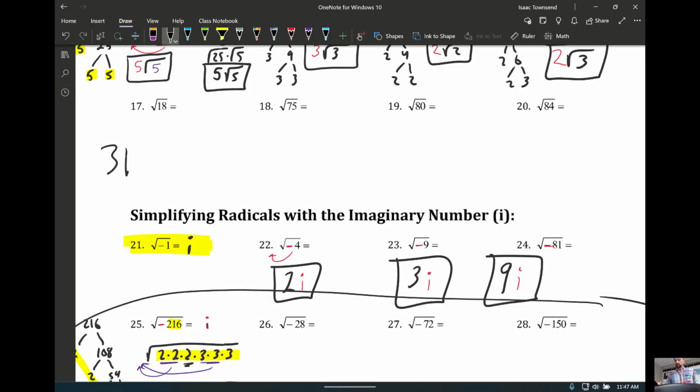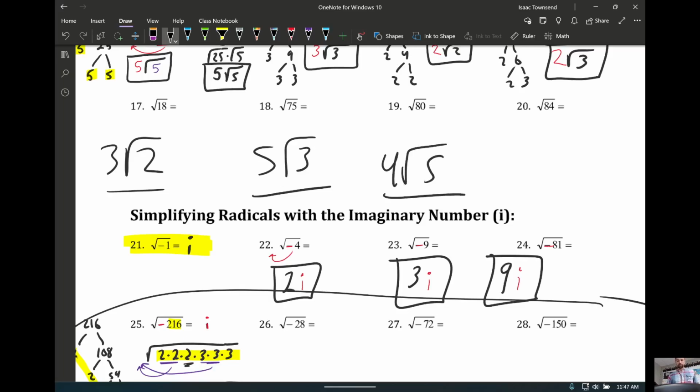But I think this one should be 3 square roots of 2, 3 square roots of 5. Oh, my bad. 5 square roots of 3. Again, I'm just doing it real quick in my head. This one should be 4 square roots of 5.